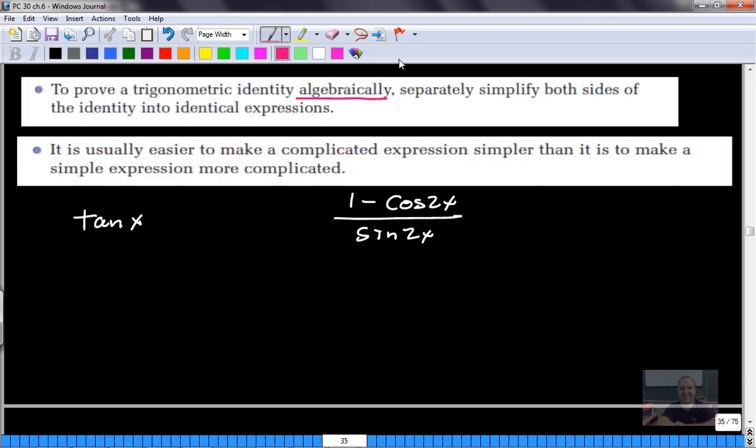So one of the things that I just mentioned was that we have to separately simplify both sides of the identity into identical expressions. And of course, how we're doing this is we are using identities to substitute.